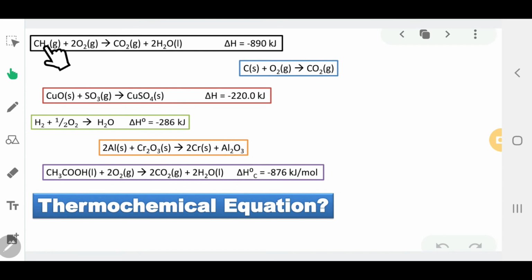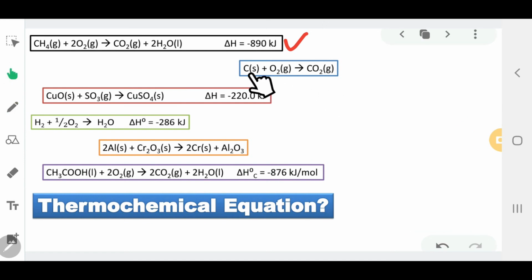So let's have a look at the one at the top in the black box. You have the chemical equation, so check, make sure it is balanced. You have one carbon, 4 oxygen and 4 oxygen on the other side. Same goes for the hydrogen. You have all the phases written correctly, and you have the delta H right there. So therefore, the black one is a thermochemical equation. And what about the one in blue?